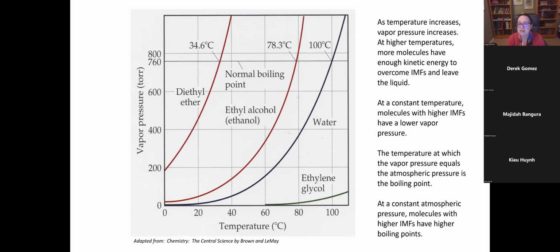Water has a little more vapor pressure, and then ethyl alcohol, ethanol, and then diethyl ether. So again, for a particular temperature, the things with larger intermolecular forces, like ethylene glycol and water, have smaller vapor pressures. We can see that acted out on our graph here.